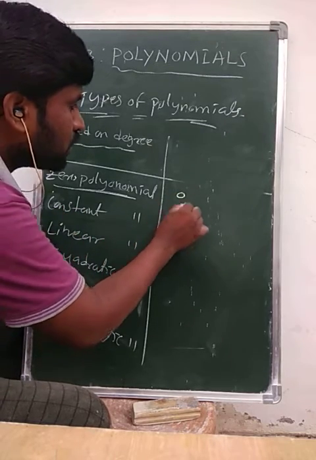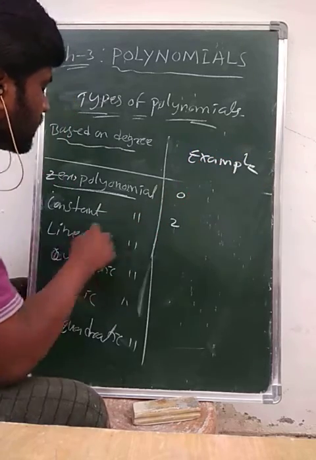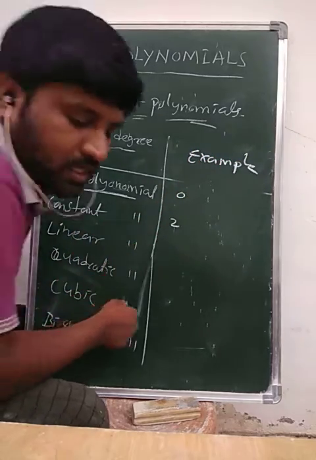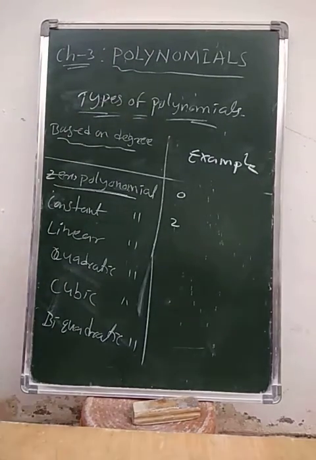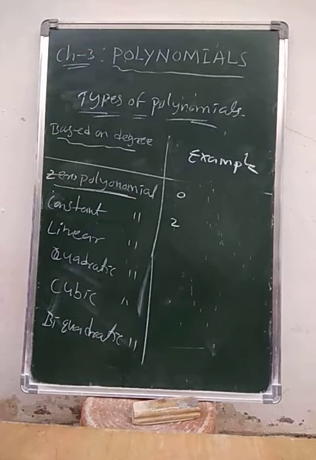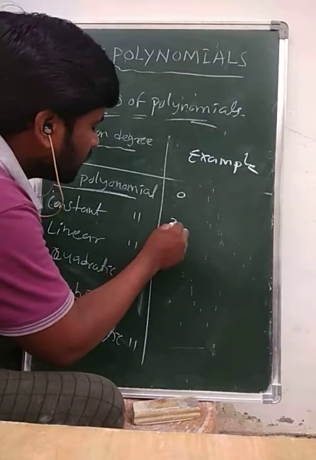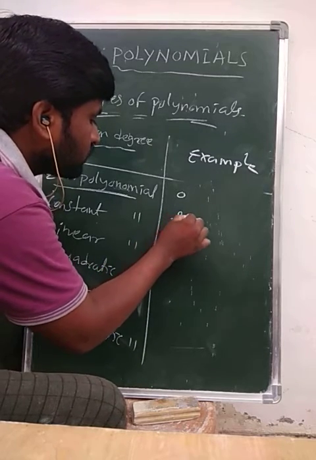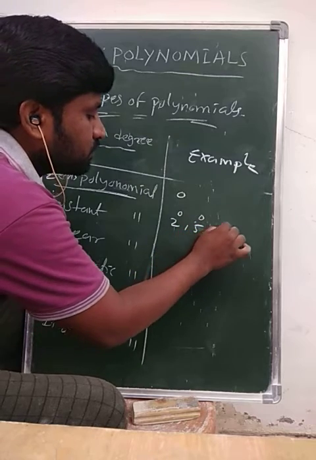Constant polynomial means the degree of the polynomial is 0. We call it a constant polynomial.